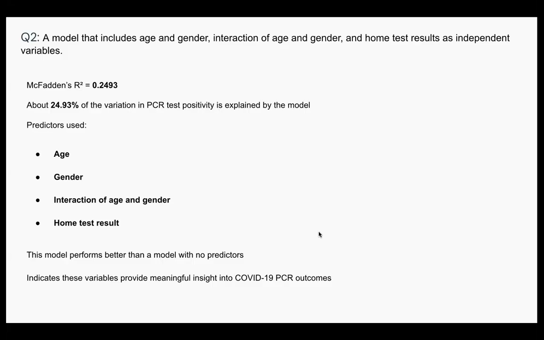I'm going ahead and naming the gender and the positive PCR test, filtering the gender as well. Going ahead and running my logistic regression model, getting my model summary and my deviance results, along with my McFadden R-squared value.